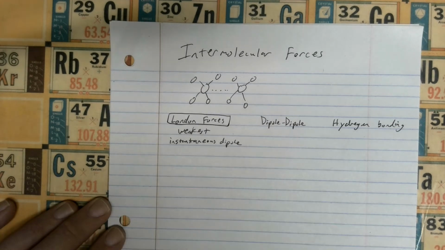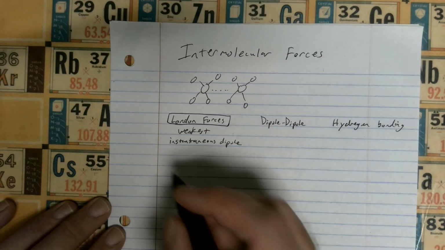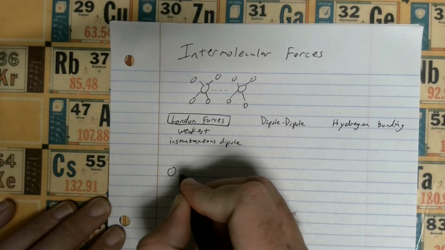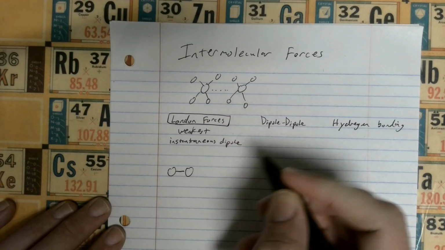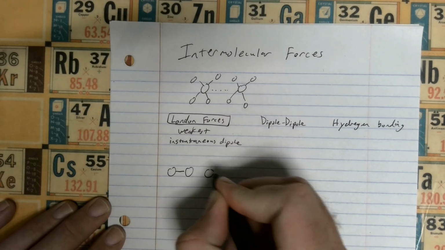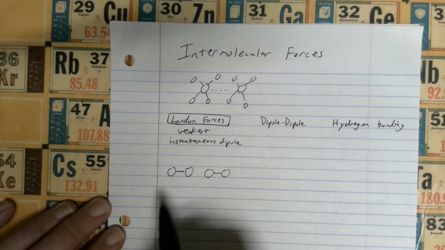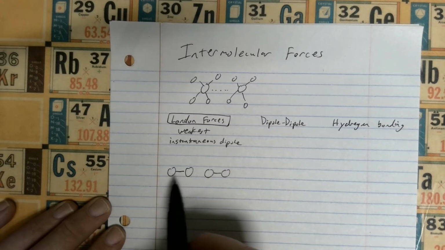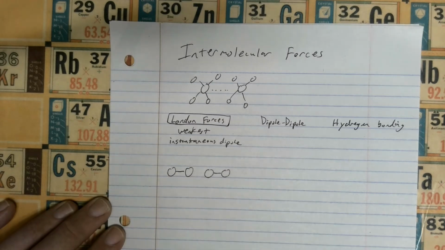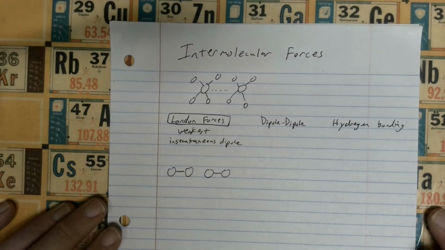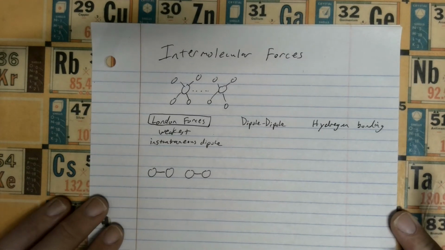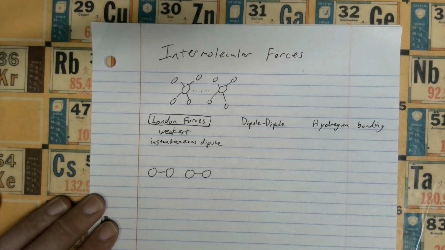Now, how do London forces work? Say we have a molecule like so, and we have another molecule right next to it. There are electrons all over the molecule, and they're constantly moving around in complete random motion.